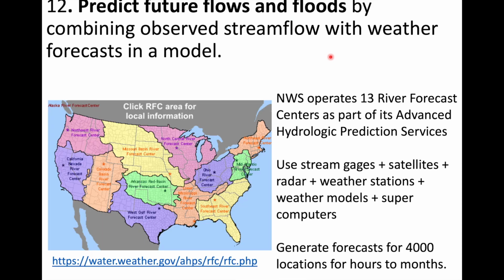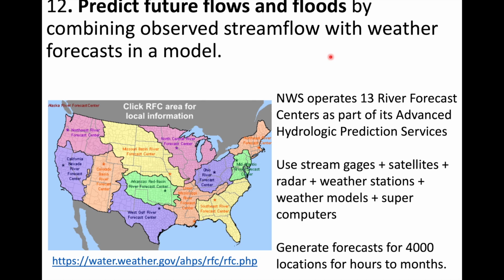So watershed models can be useful for answering questions about more speculative scenarios, but they can also be incredibly useful for answering really practical questions like, is it going to flood next week?